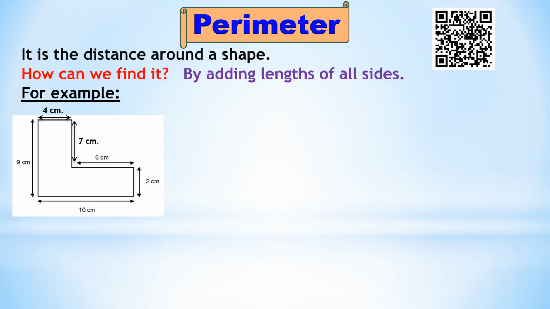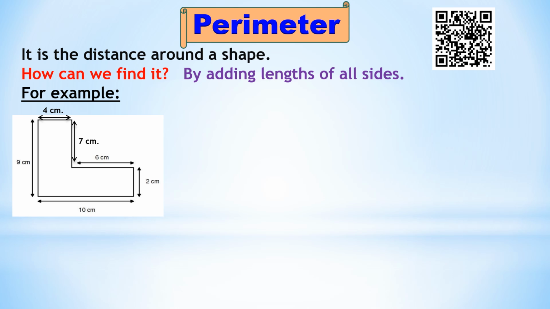So we will start our perimeter with 9 centimeters and move to 10 centimeters. So we will add 9 plus 10 and move again, 2 centimeters. Move again around it, 6 centimeters plus 7 centimeters. And the last side is 4 centimeters.